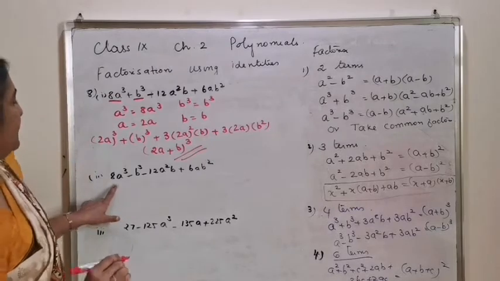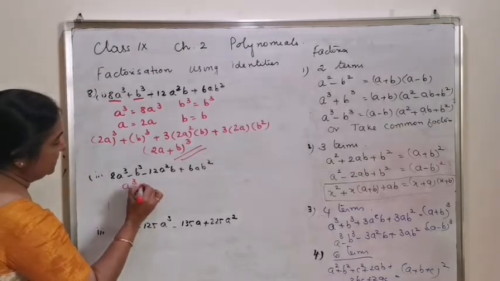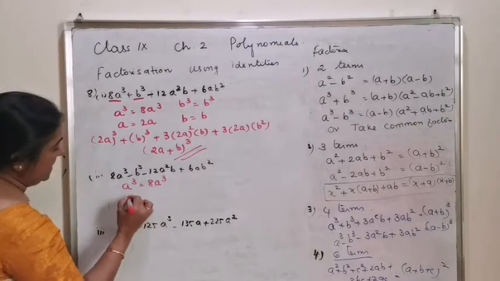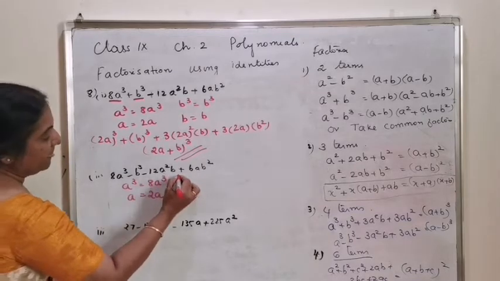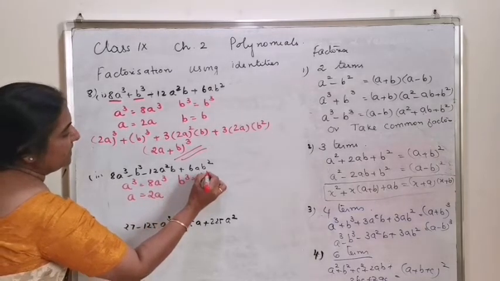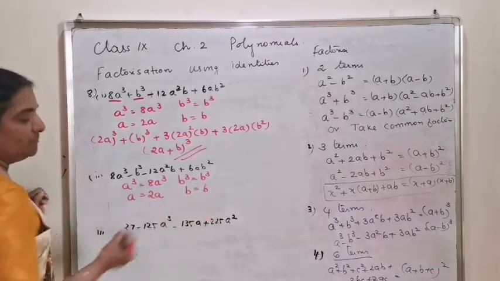The next one: a cubed is equal to 8a cubed, so a is equal to 2a. b cubed is equal to b cubed, so the value of b is also b.